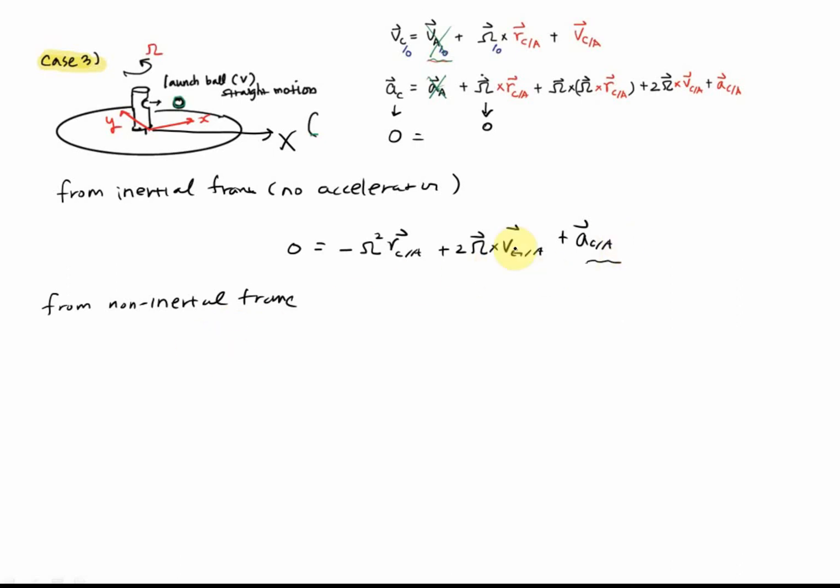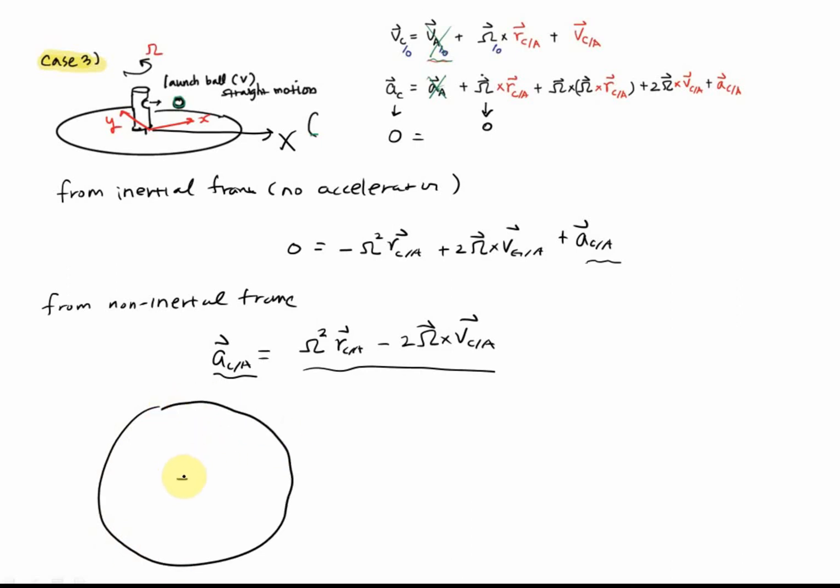From this equation, A_CA, this is an acceleration with respect to your rotating frame A, is this term minus cross product this one, right? So if you look at this one, we have a certain acceleration in that direction. So let's say this is your disk, and then the ball is launched, and the ball changes direction like that. So what's the direction of this acceleration?